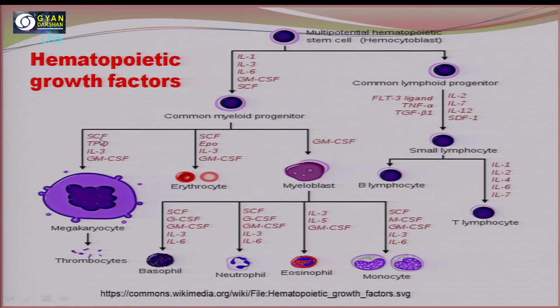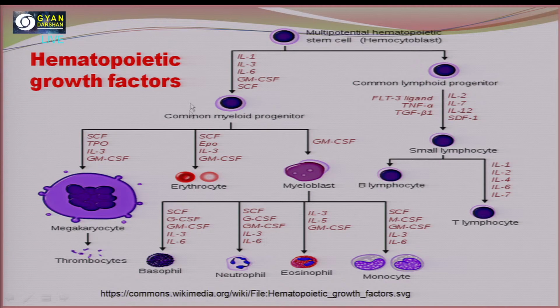Other factors are CSF and TPO, interleukin 3, and GM-CSF. They are able to convert into the megakaryoblast, and finally it will convert into the thrombocytes, or platelets. Here are the various growth factors. Another growth factor is GM-CSF. They are able to convert to the myeloblast. Without these growth factors, the differentiation will not take place.